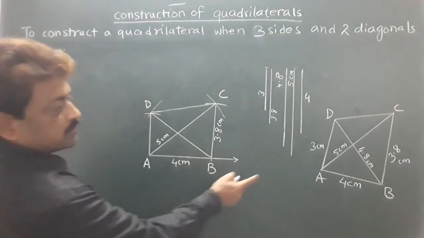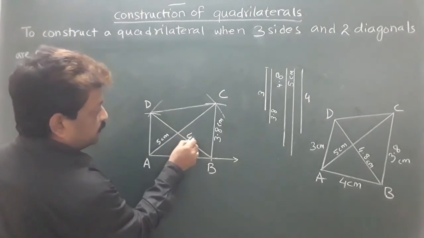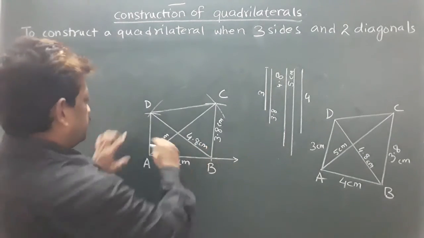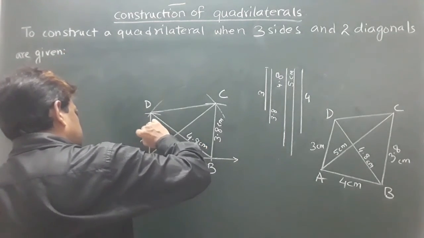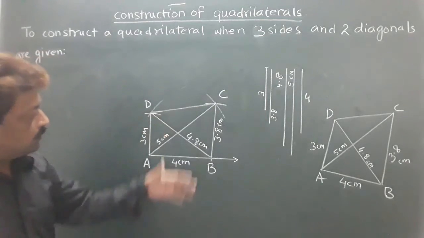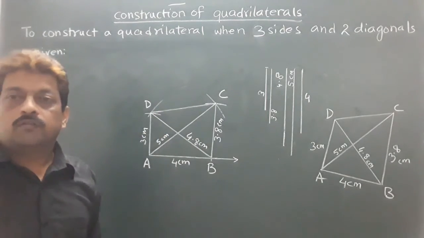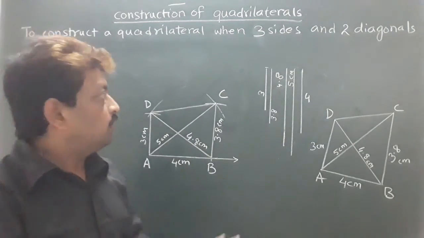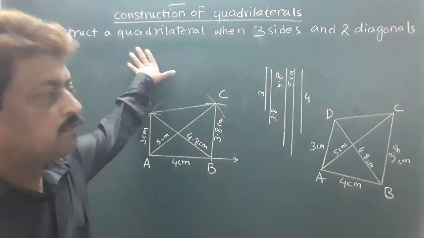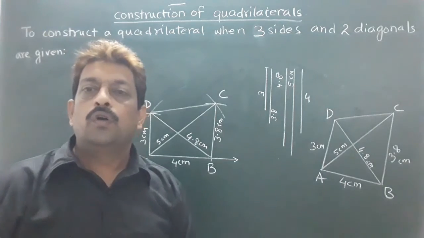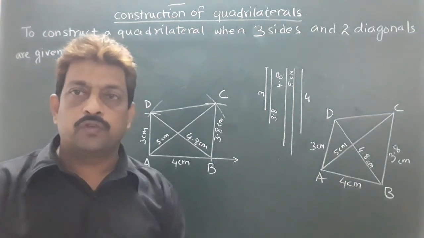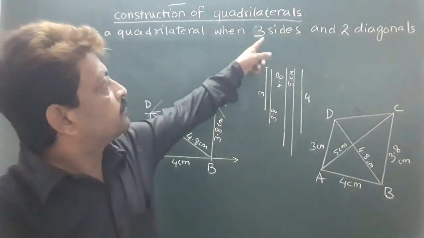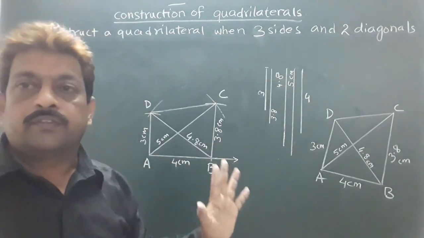And diagonal BD is 4.8, so write here 4.8. And AD is 3 centimeter. So therefore, quadrilateral ABCD is the required quadrilateral according to the given question. Understood? Hope you have understood how to draw a quadrilateral when 3 sides and 2 diagonals are given.